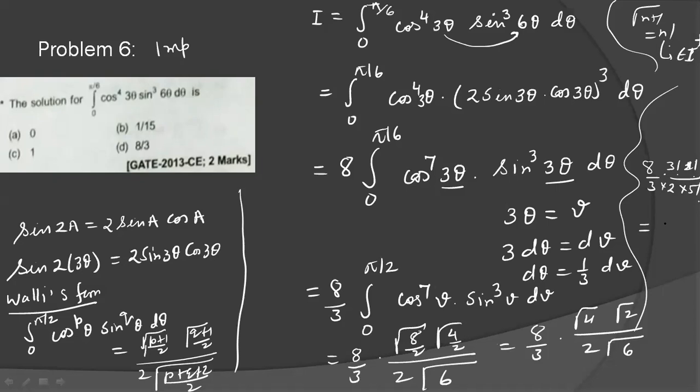If you simplify it, you will get this integral is equal to 1 by 50. You can simplify it. This integral is equal to 1 by 50. So this is a very good question using the Wallis formula. I have discussed it in the gamma and beta function lecture.